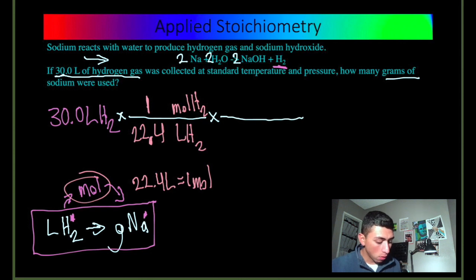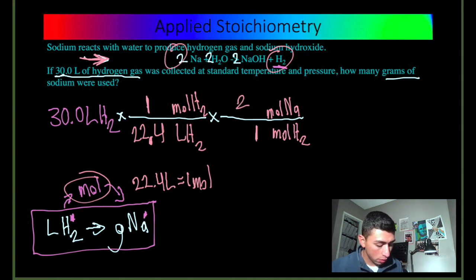Now that we have moles of hydrogen, we can do a mole-to-mole conversion from moles of hydrogen to moles of sodium. Looking at this chemical reaction, for every 1 mole of hydrogen, we have 2 moles of sodium.